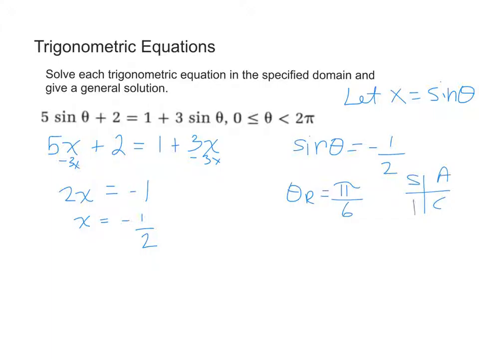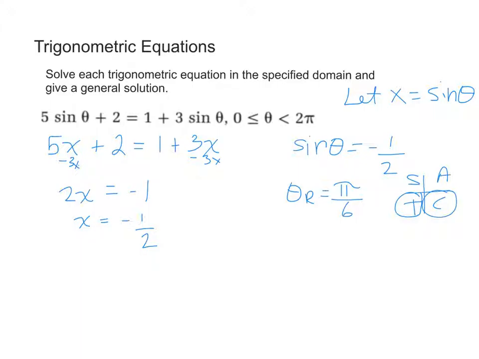And because it's negative, we actually want to be in quadrants 3 and 4. That's where sine is negative. So I want the angles in quadrants 3 and 4 that have a reference angle of pi over 6.